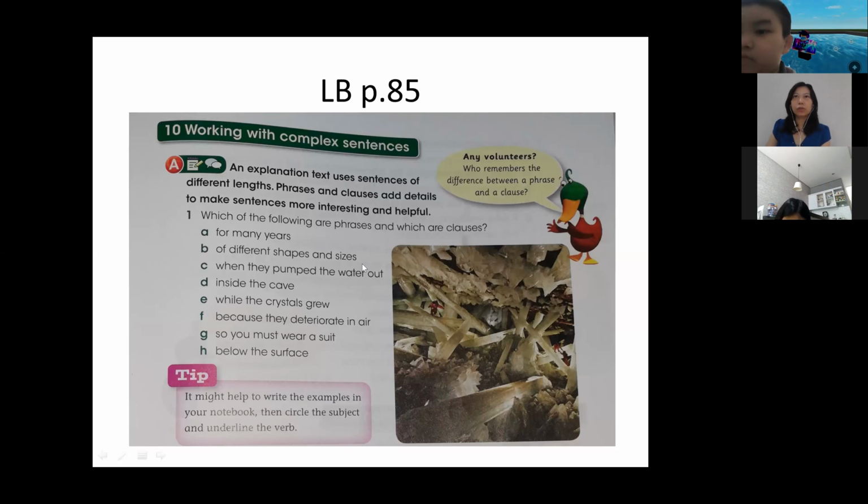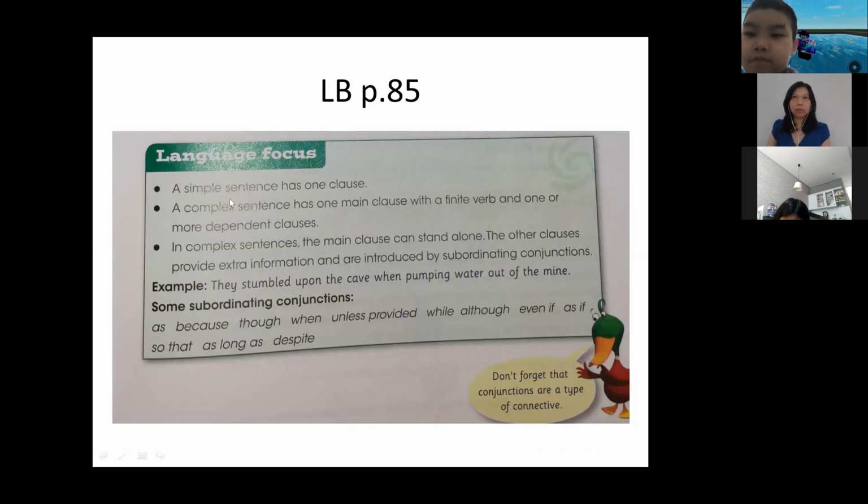I'm moving to our language focus. A simple sentence has one clause. That is a simple sentence. A complex sentence has one main clause with a finite verb and one or more dependent clauses.